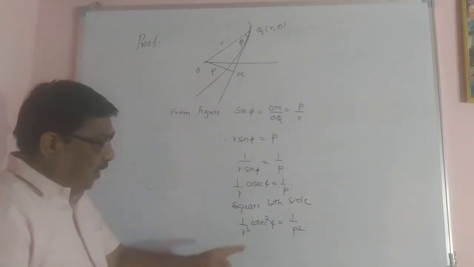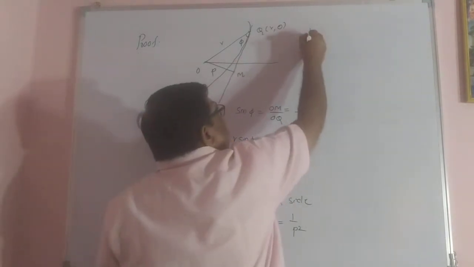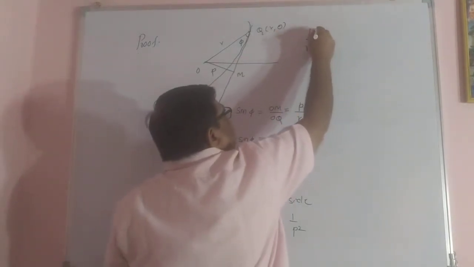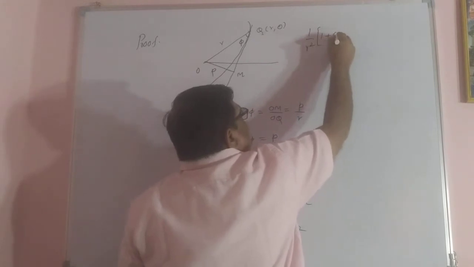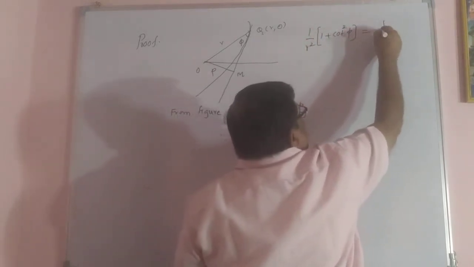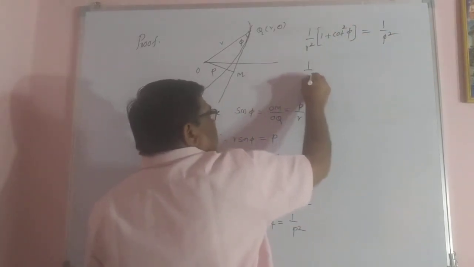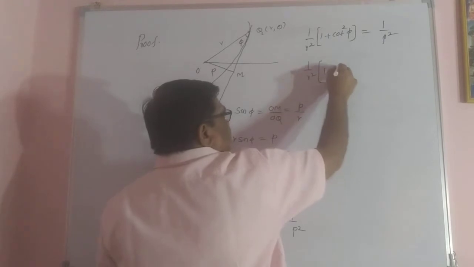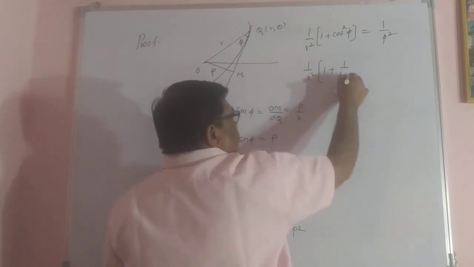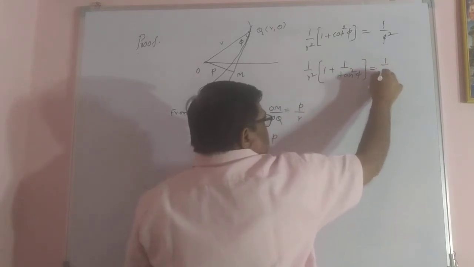And cosec square psi is 1 plus cot square psi. Therefore, it is 1 by r square into bracket 1 plus cot square psi equal to 1 by p square. So 1 by r square into 1 plus 1 by tan square psi is equal to 1 by p square.